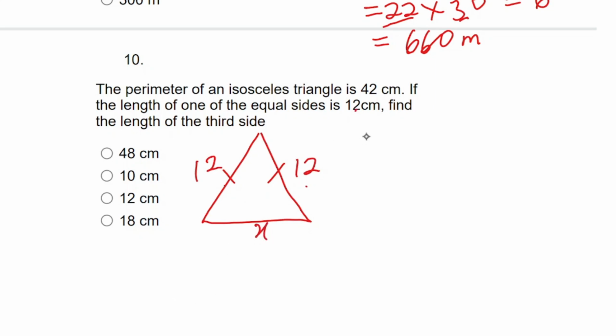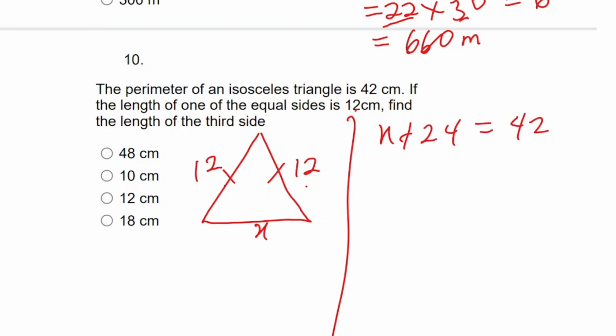So x plus 12 plus 12, 24, equals 42. So x equals 42 minus 24. I hope I'm making sense. That is going to give us 18 centimeters. Is this very clear to you?